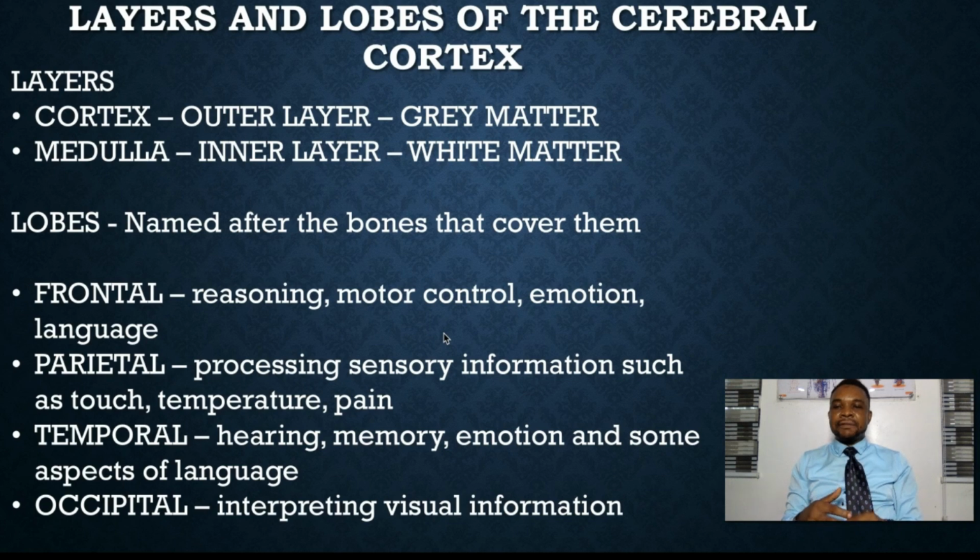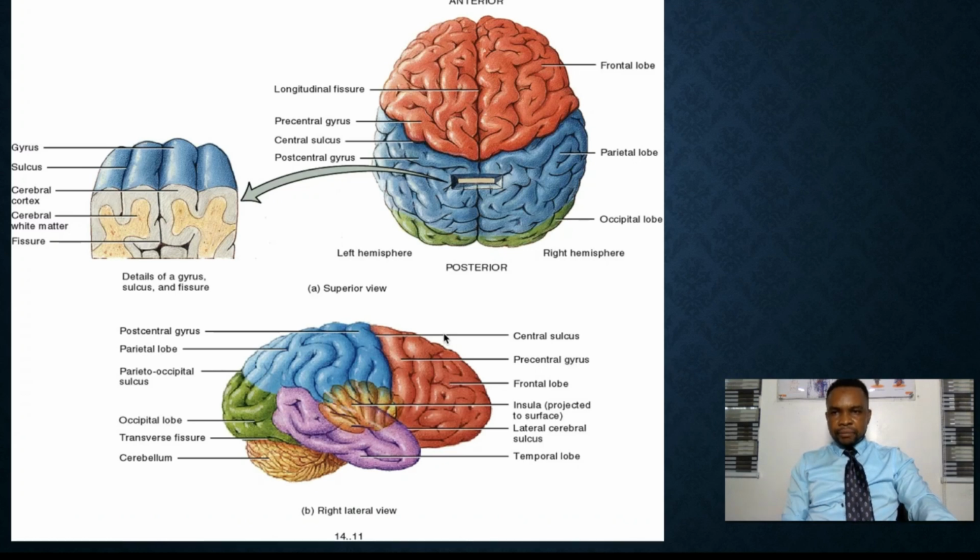Then finally, we have the occipital lobe. The occipital lobe is at the back, where most information about vision, integrating visual information, is processed, at the occipital lobe of the cerebrum.